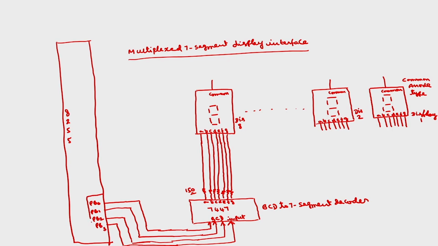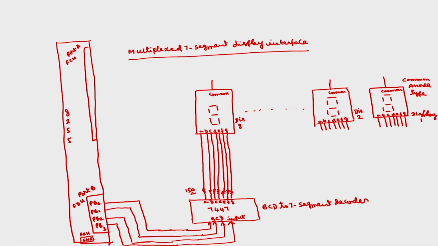Port B has address FDH, and inside this there is a control word register whose address is FFH. And then we have port A, whose address is FCH.